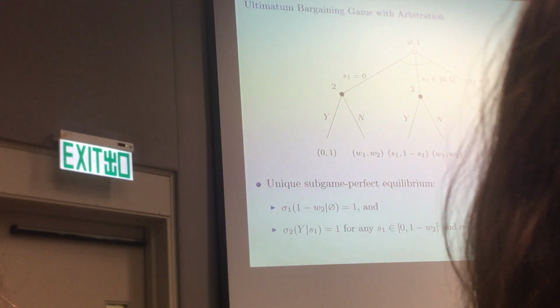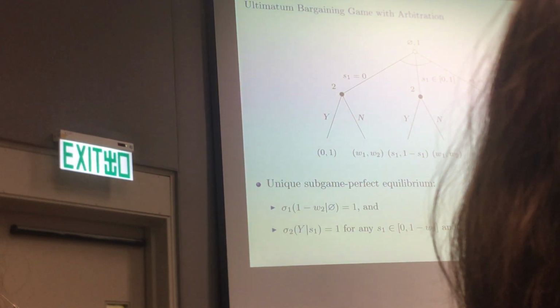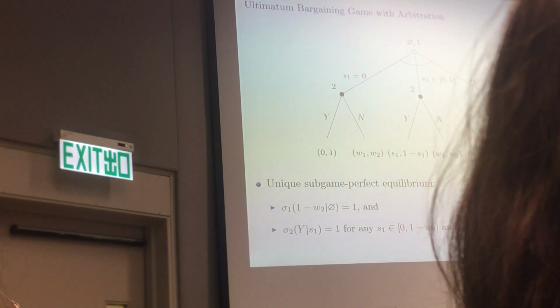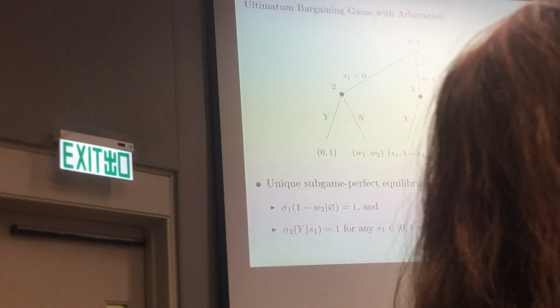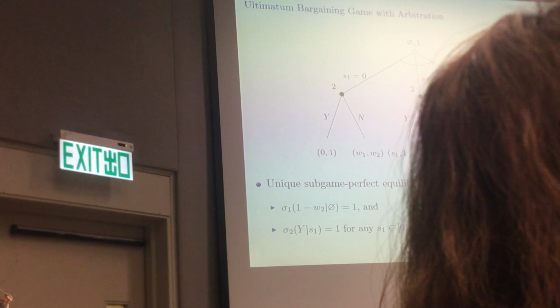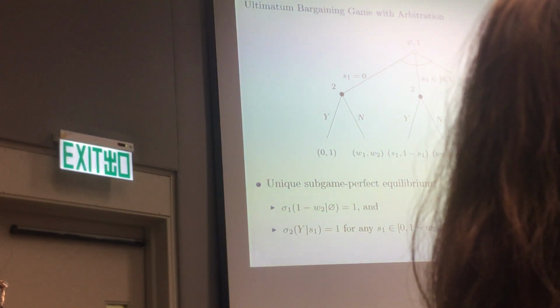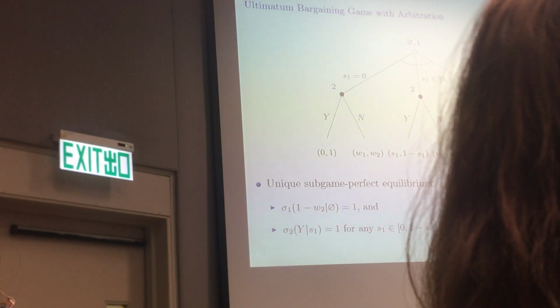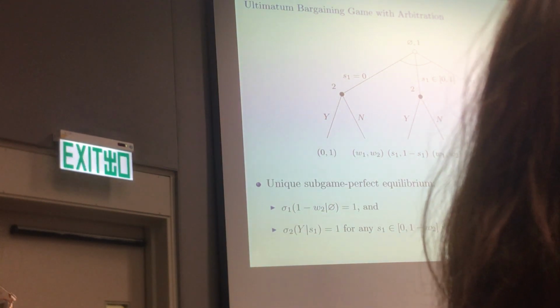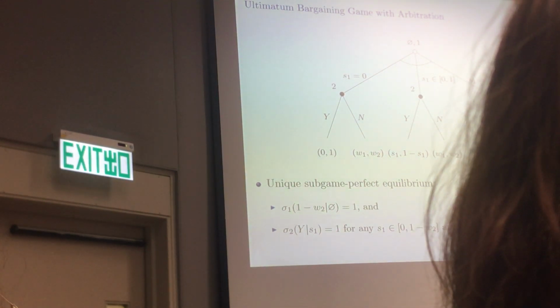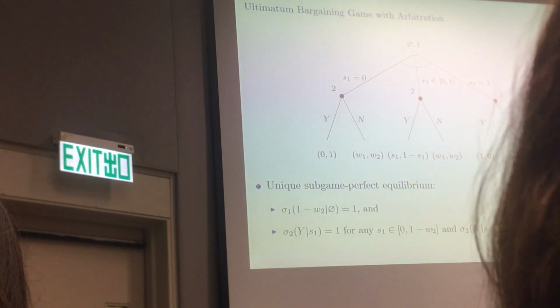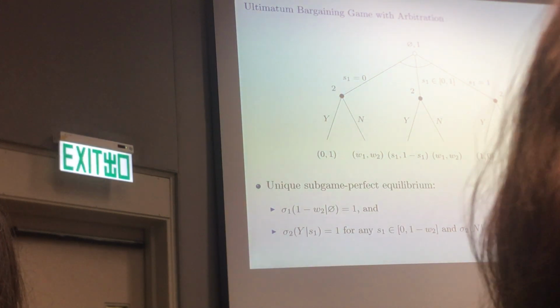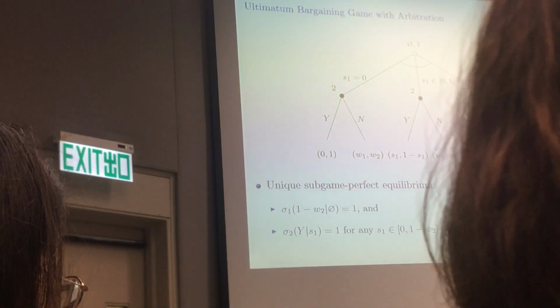So the payoff here is W1, and that is strictly less than 1 minus W2. That's what happens if S1 is strictly less than the threshold, 1 minus W2, and if S1 is strictly larger than the threshold.